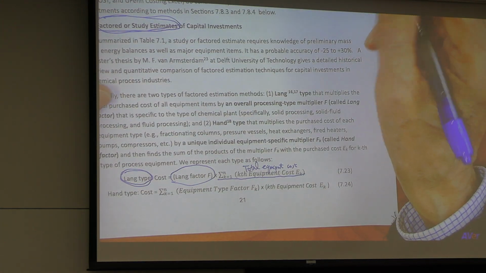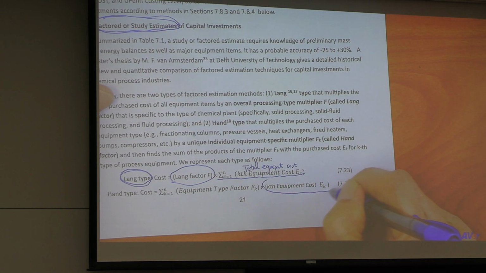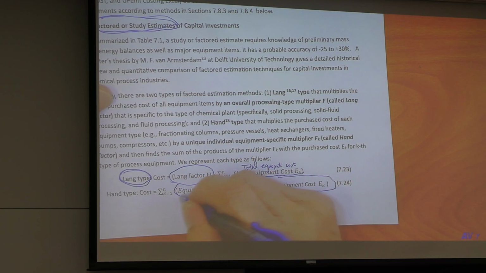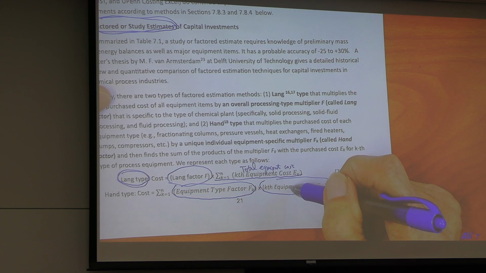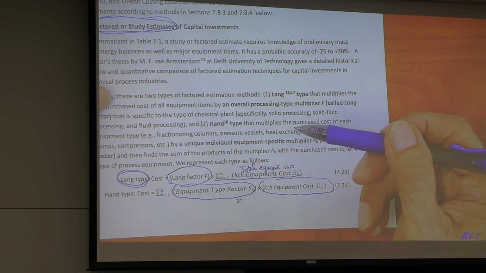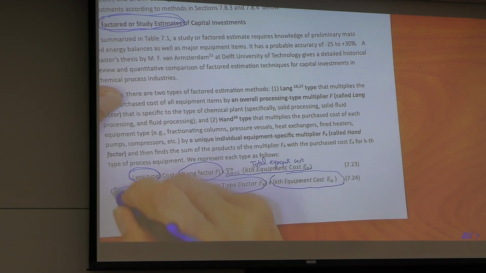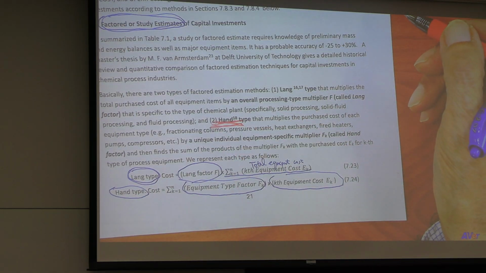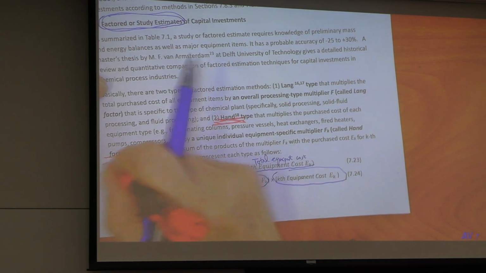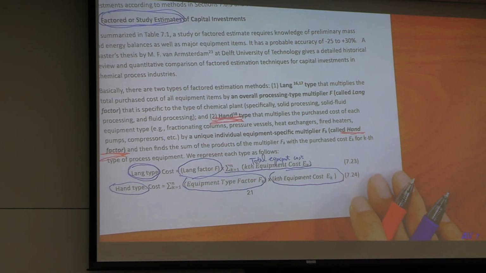The second type, on page 21: you have exchanger multiplier, you have equipment multiplier, you have vessel multiplier. That is called Hand type. Hand is a person's name. The Hand factor is multiplied for different classes of equipment.